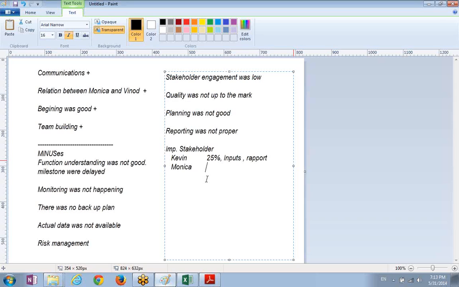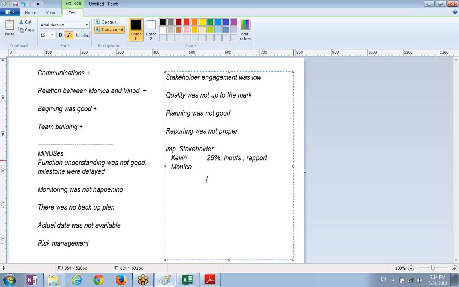Okay, let me understand from the other people, Ajay and Bhagesh. Do you also understand that Monica was not doing her work properly? No, I guess she was working fine. Monica was doing good. In fact, technically she's leading the project.